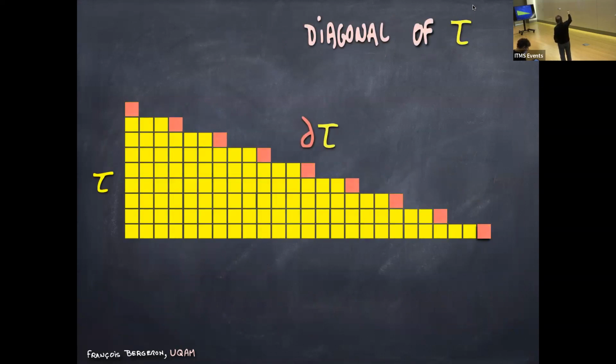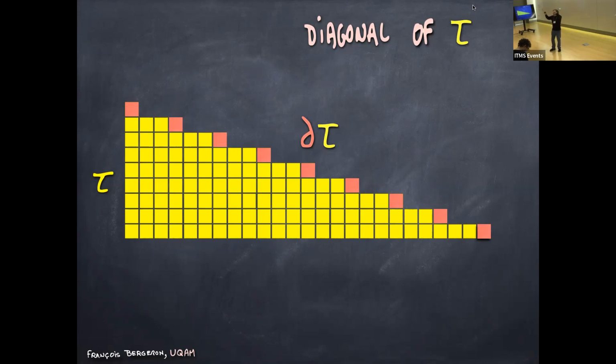What is the diagonal? This is misleading a bit in this case because you see something very regular, but the cells on the diagonal of a triangular partition are the corners that sit on the line that joins the two points that can be added or removed from the partition.